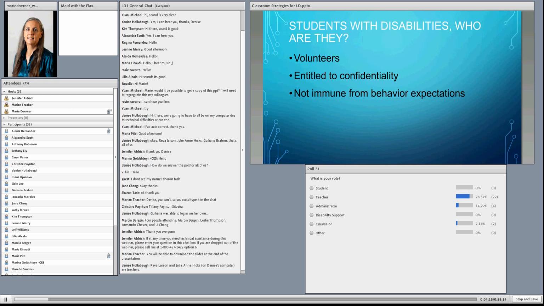So to start with, when you start thinking about students with disabilities, who are they? And at the community college especially, we really want to make sure that everyone knows that to reveal that you have a disability of any sort is voluntary, and it's very sensitive for people sometimes.